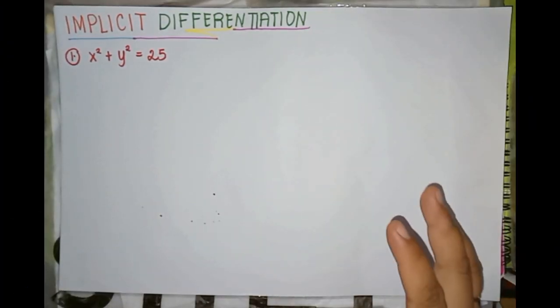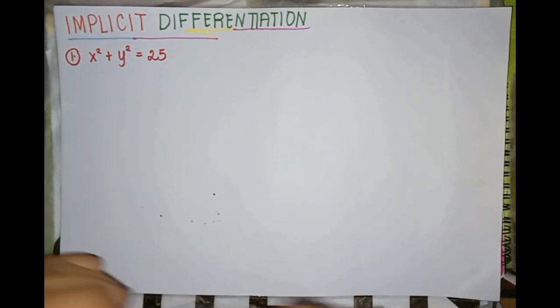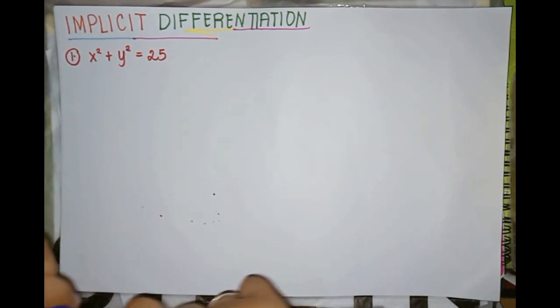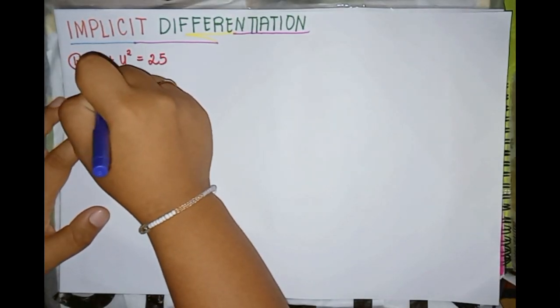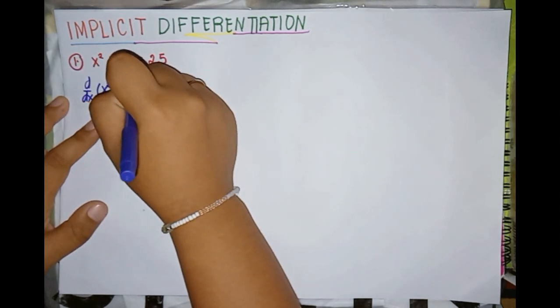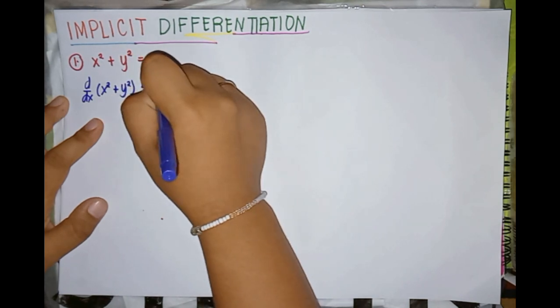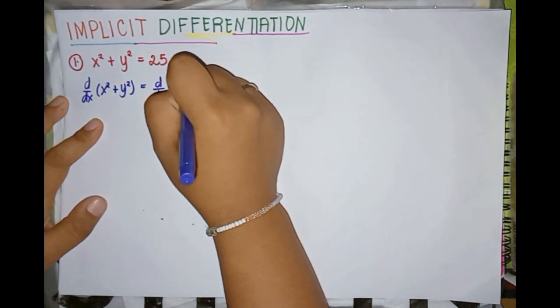Now we have our first example, which is x squared plus y squared is equal to 25. The first thing that we're going to do in implicit differentiation is get the derivative of both sides. So we have d over dx of x squared plus y squared is equal to d over dx of 25.